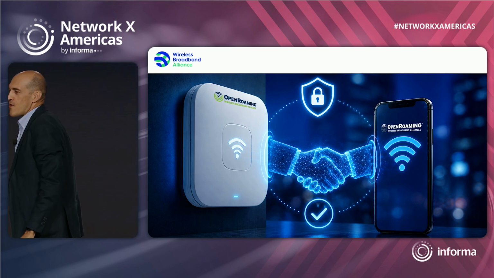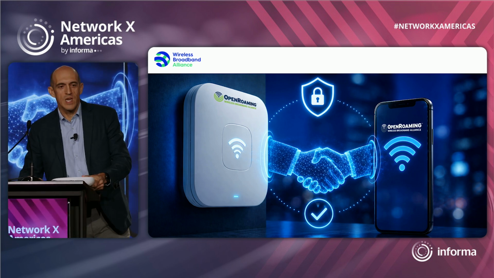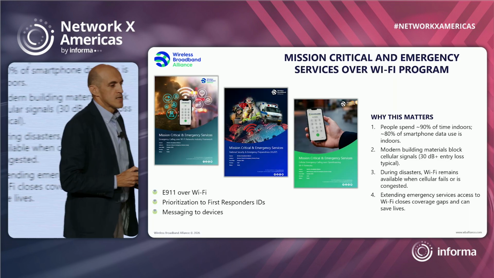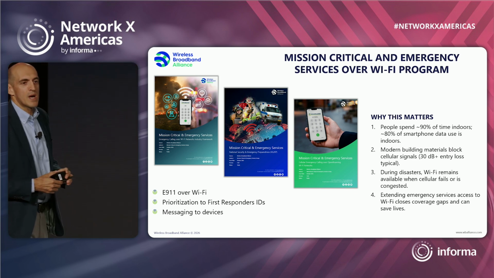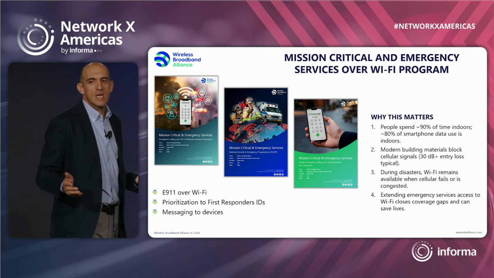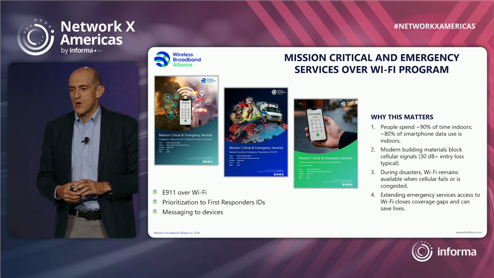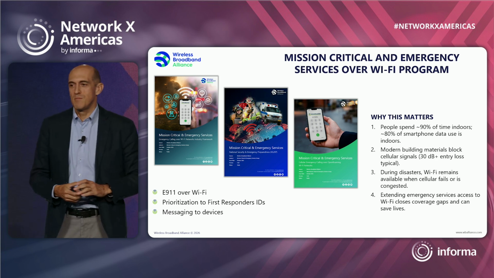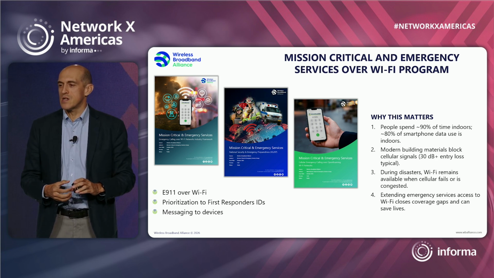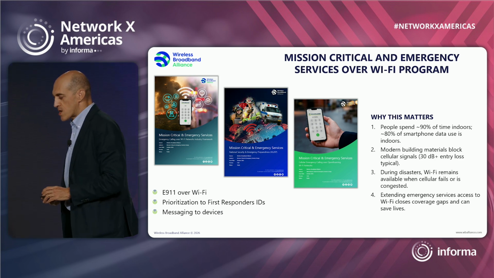So this is a symbolic explanation of one program that we have in WBA about mission-critical emergency services over Wi-Fi. For those of you that attended yesterday's sessions at the Wireless Global Congress, we got a lecture about emergency services and mission-critical services from our good friend Mark Grayson from Cisco.